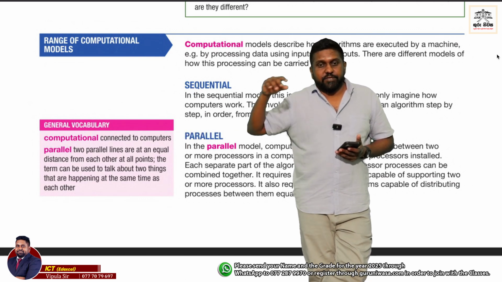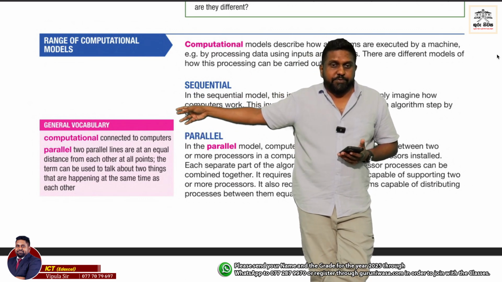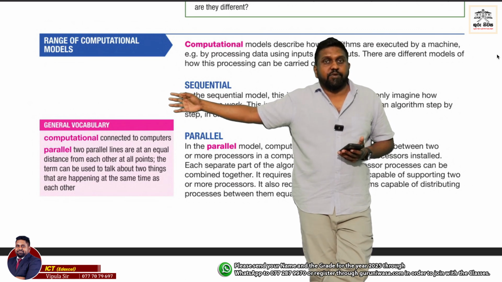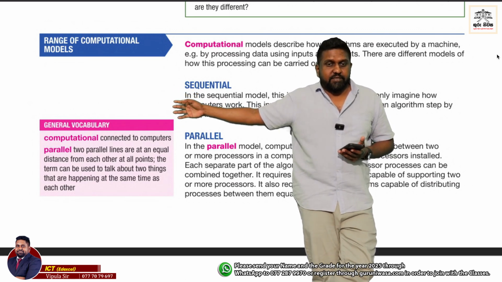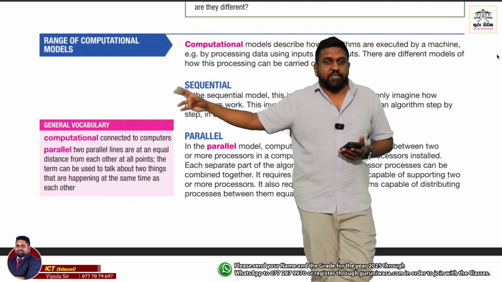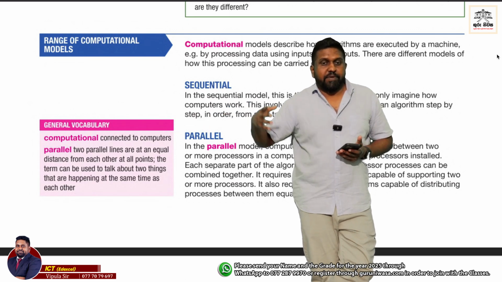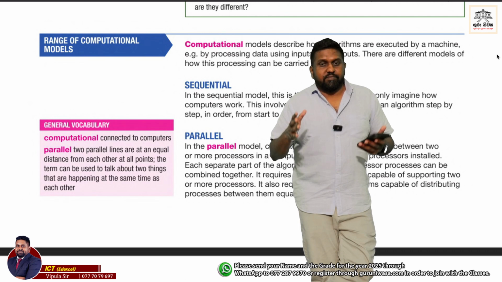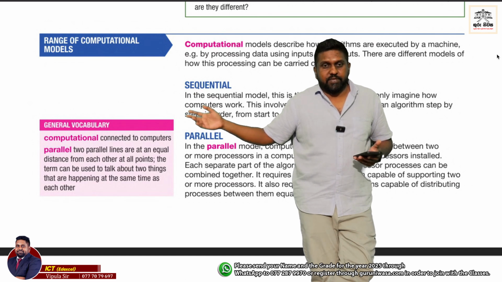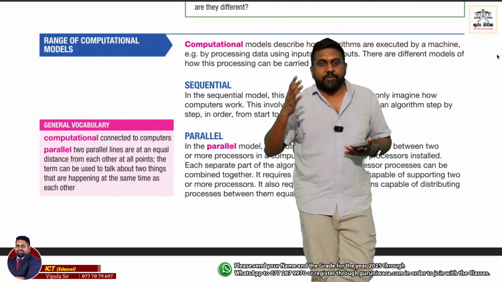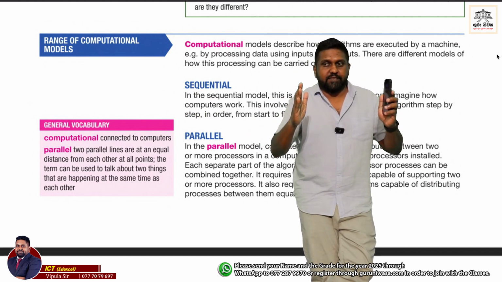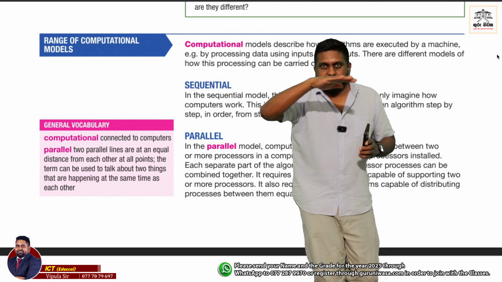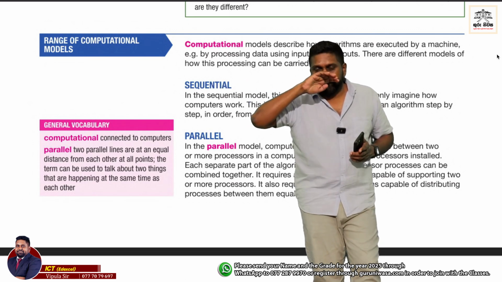Primarily, you have this vocabulary keyword called computational, which is connected to computers. Parallel means two lines that are at an equal distance from each other, running side by side. So computational means connected to computers, and parallel means two lines running parallel with each other.